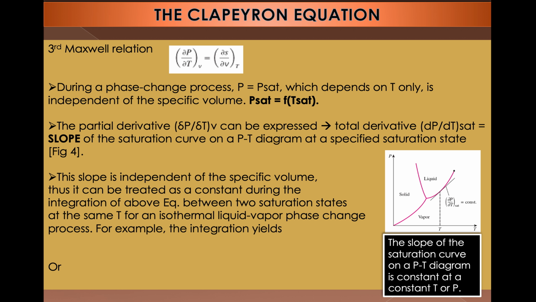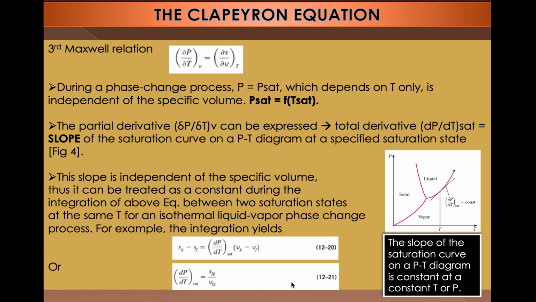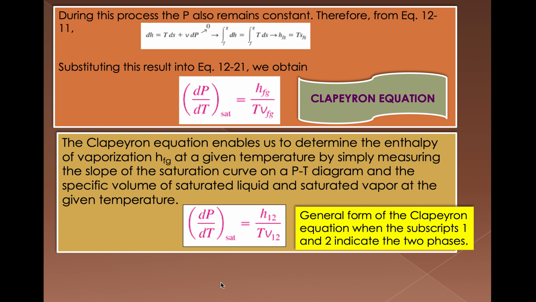We can see the slope of the saturation curve on the PT diagram is constant at a constant T. After integration, it can be rearranged into this. During the process, the P also remains constant.